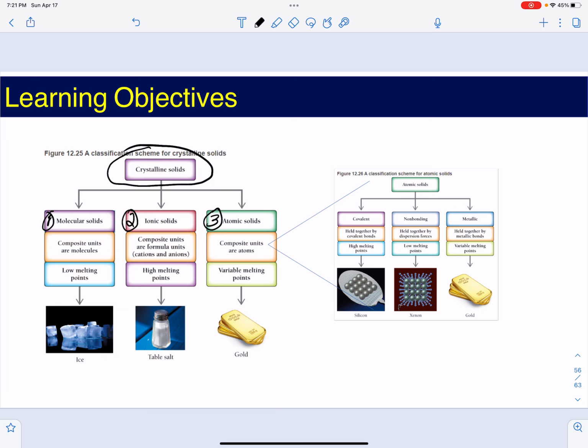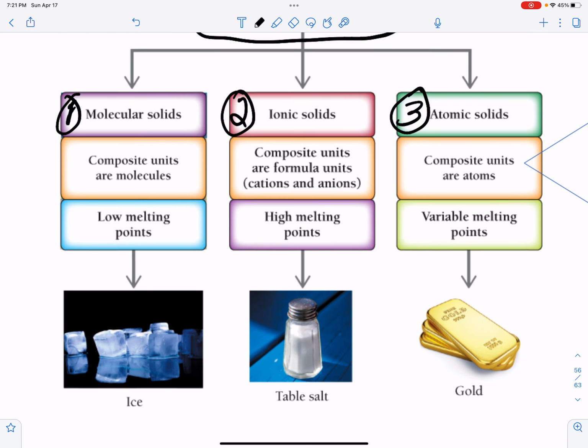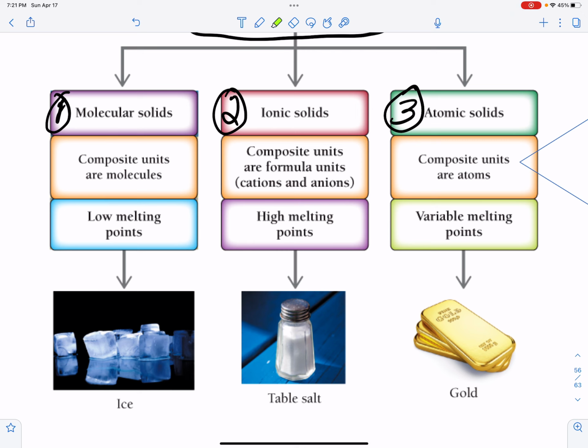Molecular solids, like the name implies, are made out of molecules, two or more elements put together. Ionic solids are made out of ions, cations and anions. And atomic solids are going to just contain atoms of the same thing.